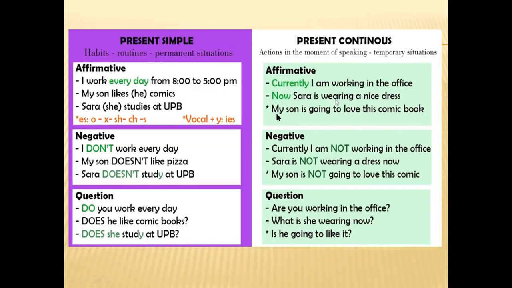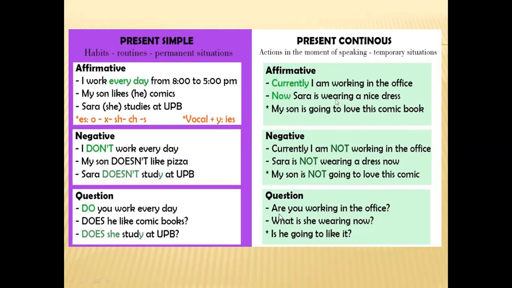Or we can say, my son is going to love this comic book. In the negative, remember that we have to add the negative to the verb to be. So currently, I'm not working. Or Sarah is not wearing a dress. And in the question, we have to start with the verb to be.